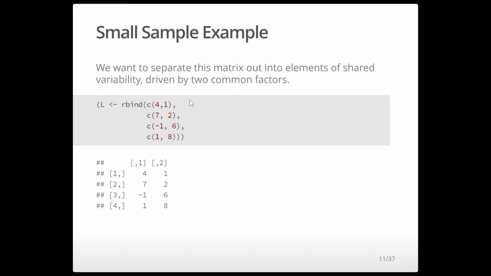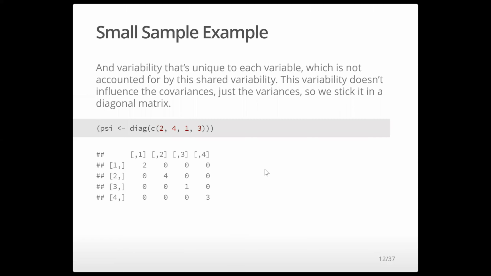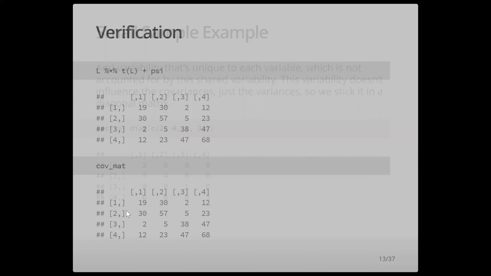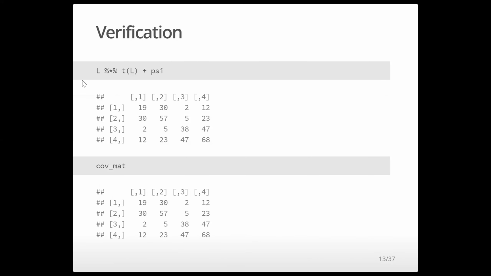This is driving the shared variability in the data. And then psi, which is the unshared variability in the data, as this diagonal matrix. So what I'm going to do is multiply the L matrix times its transpose and add psi. And you see that if I do that, I recapture the original covariance matrix.